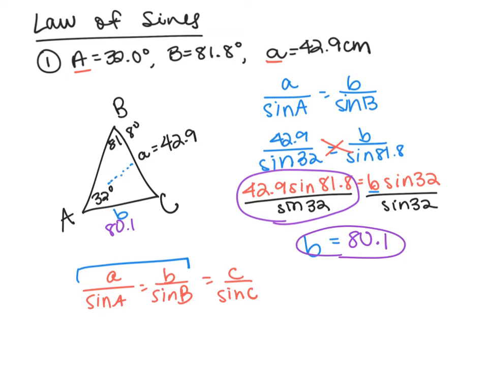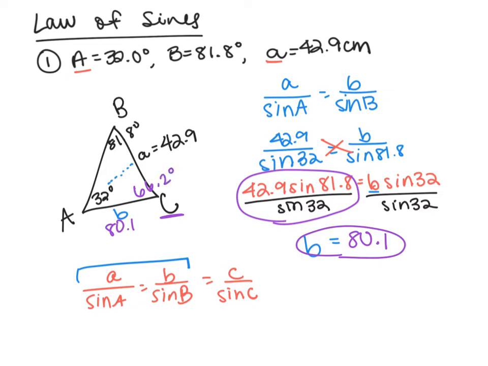We still need angle C and side c. The easiest piece to find is angle C, because we already have two of the angles. We know the angles of a triangle add up to 180. So we do 180 minus 32 minus 81.8, and we get that C is 66.2 degrees.